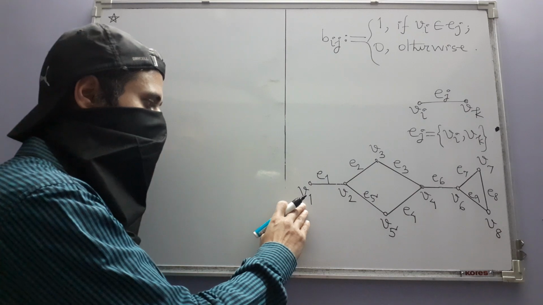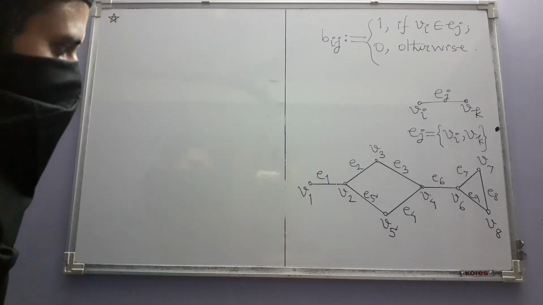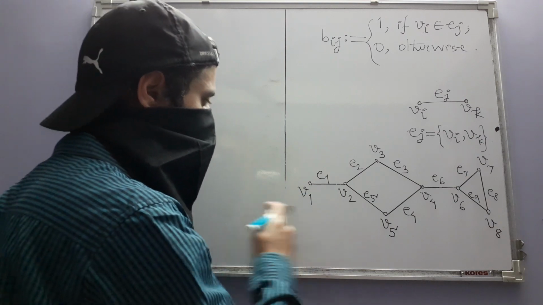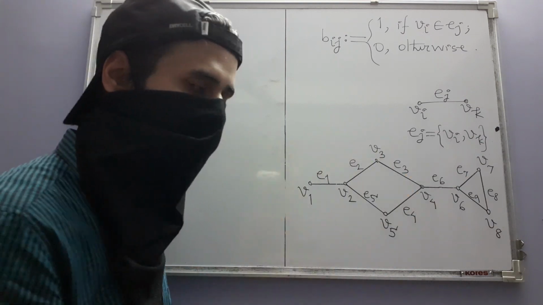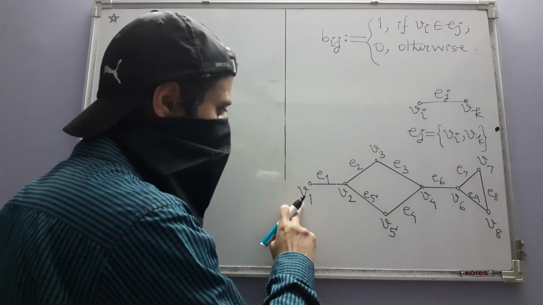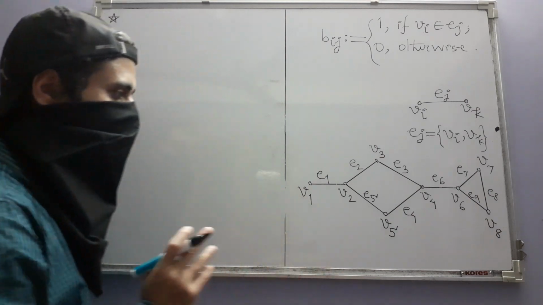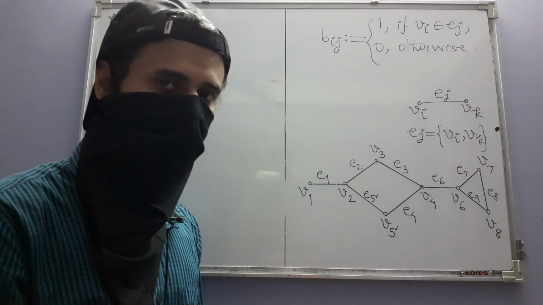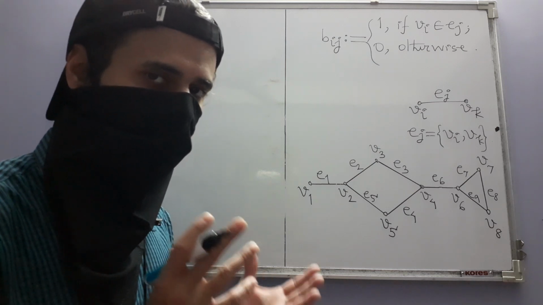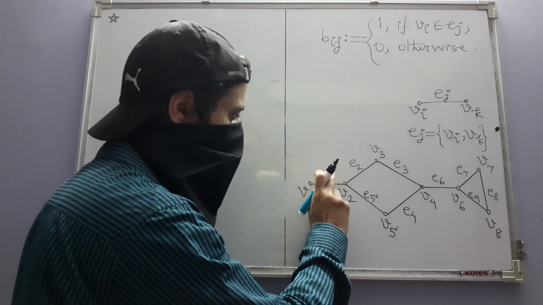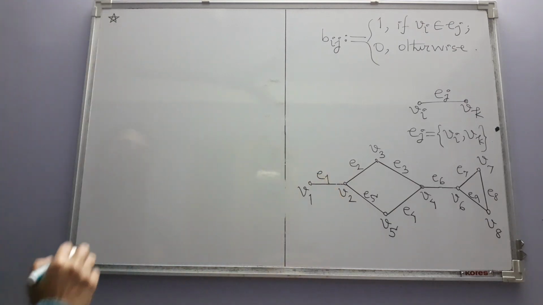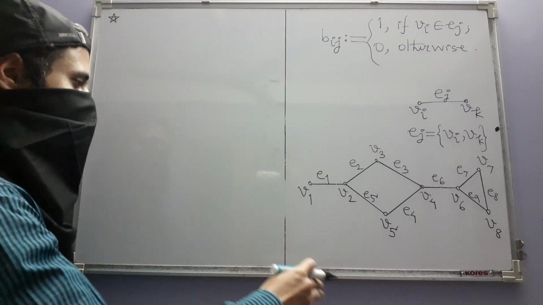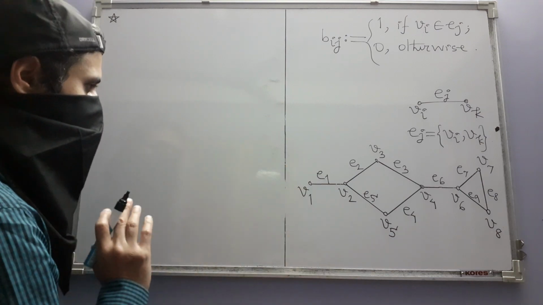So the first row is going to correspond to the first vertex, and that means I will be now looking at B1j. Now B1j will be equal to 1 if and only if V1 is incident with Ej, but there is only one such edge, that is E1. So only B11 will be 1. B1 anything else is going to be 0.